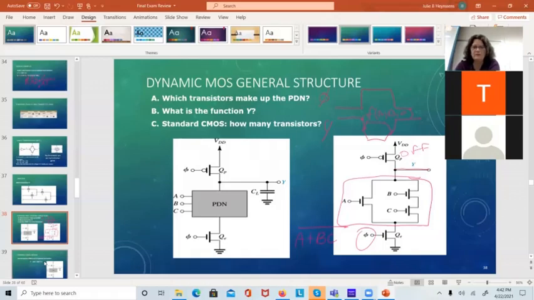Drawing the circuit, if you can draw a standard CMOS circuit, you just draw the NMOS network, add a transistor down here that's connected to phi, and add a second transistor up here that's connected to phi naught.